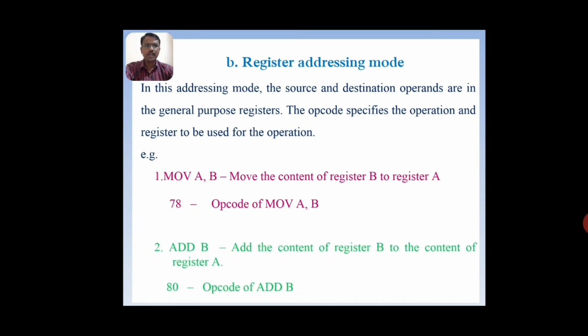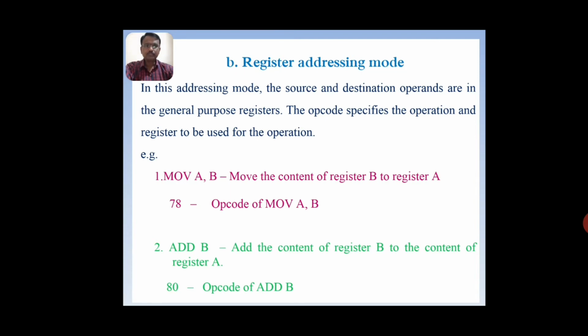One more instruction, ADD B. So here a single operand is given, meaning register B is given. But again we know that whenever there are arithmetic and logical instructions, the first operand is always the accumulator. So the accumulator is assumed here. So add the content of register B to the content of register A, and the result will be stored in the accumulator.